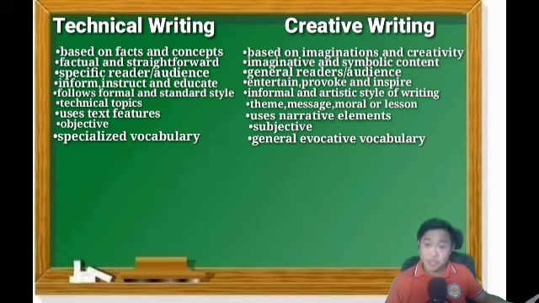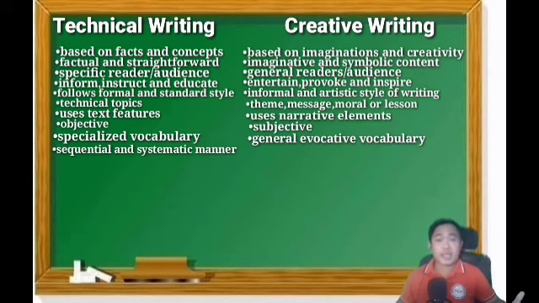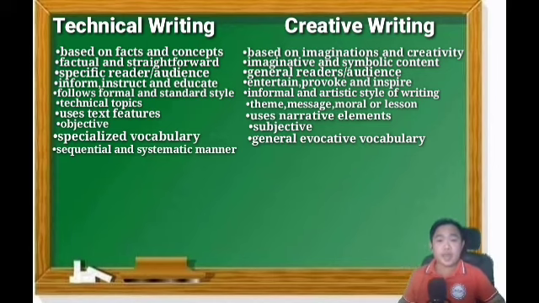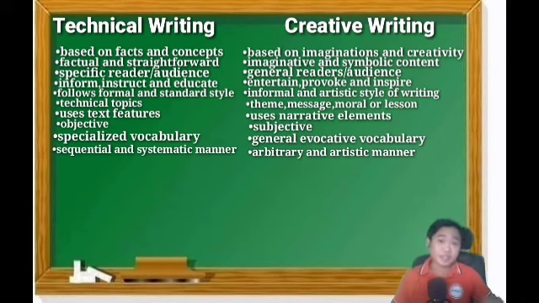Figures of speech, and others. All right. So what else? Technical writing is organized in a sequential and systematic manner, while creative writing is organized in an arbitrary and artistic manner and may not be systematic.